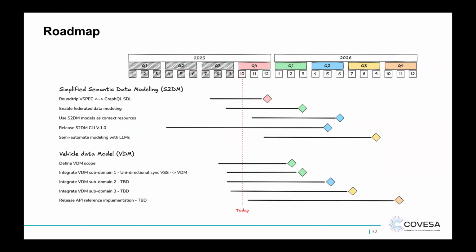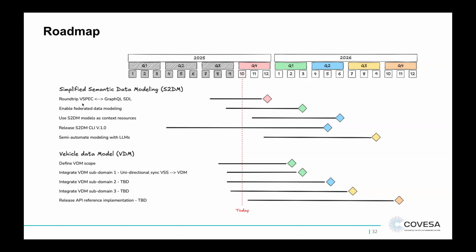Roadmap, we can discuss towards the end too, but here is the high level of where we stand today and where we are leading towards. Of course, this can be adapted based on the interest and needs from different organizations here. So STDM evolves on its own as a foundational concept or approach and tooling associated with it. VDM is an application on top of STDM. VDM is hosted as an alliance activity. If you have a different domain, that can be an application on top of STDM.